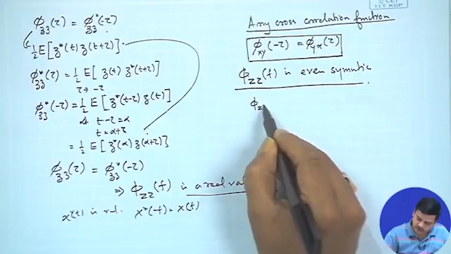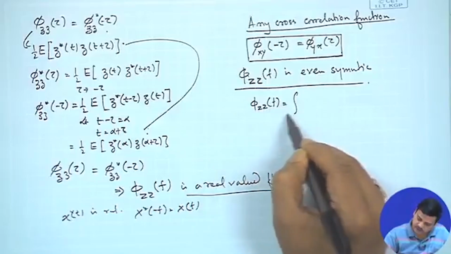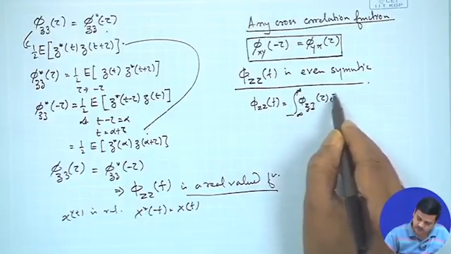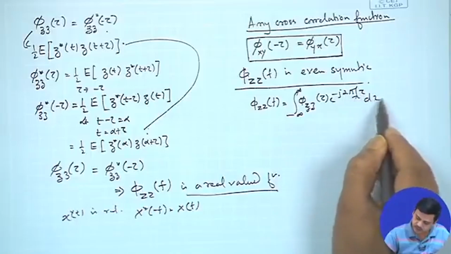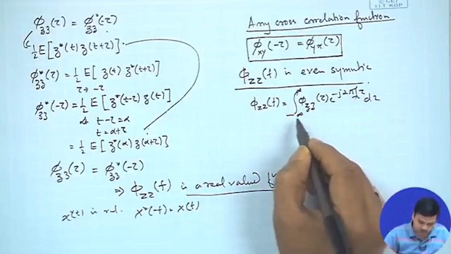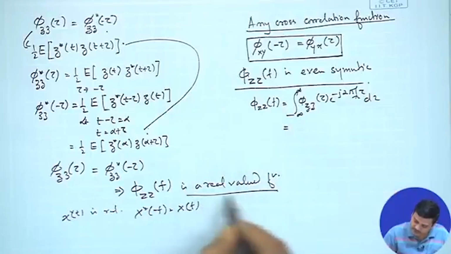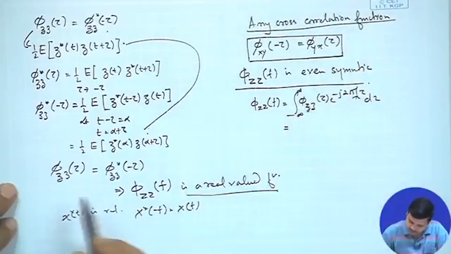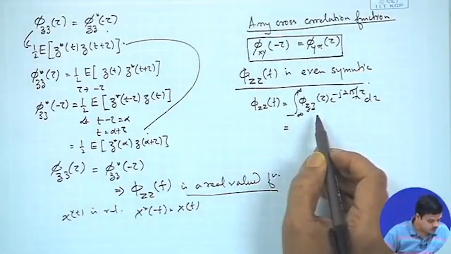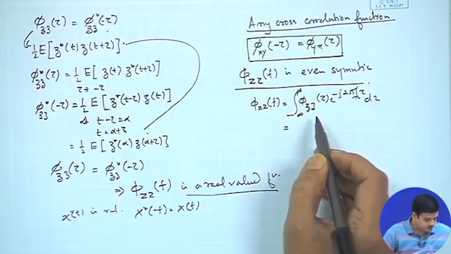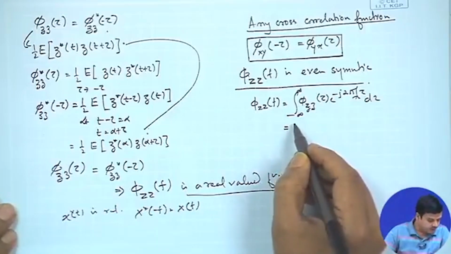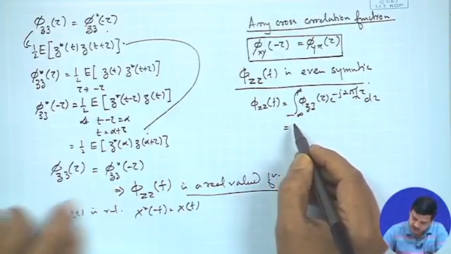So what we could check is phi zz of f is equal to the integral from minus infinity to infinity of phi zz of tau e to the power of minus j 2 pi f tau d tau. This is by standard definition, right. Since phi zz is real valued, we could also say phi zz of f is equal to this because of conjugate symmetry.